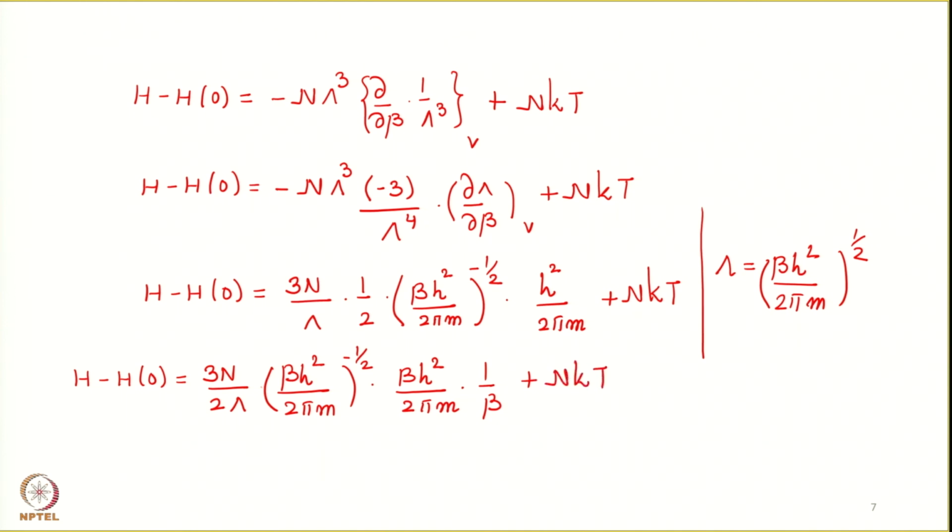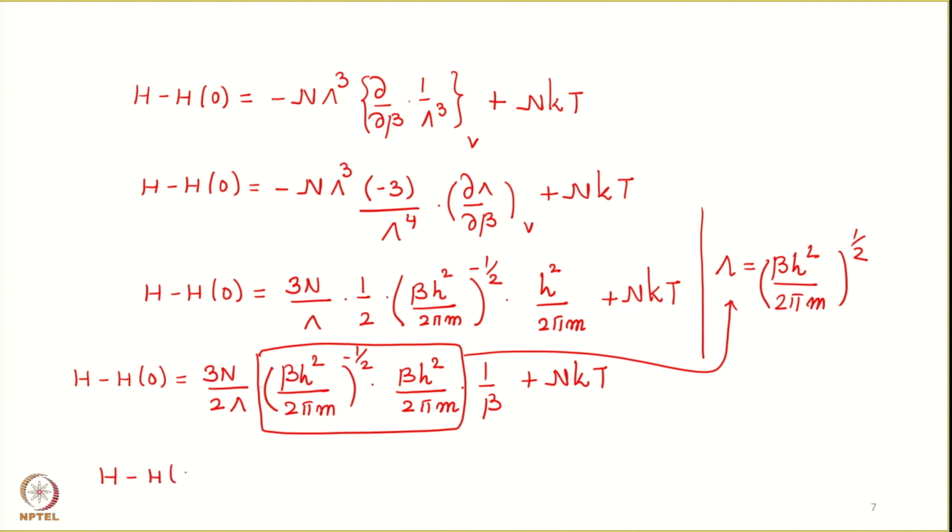Why I am doing this is very simple: these two together is lambda. Okay? So, H minus H0 is equal to 3n by 2 beta, because lambda cancels, plus n kT.